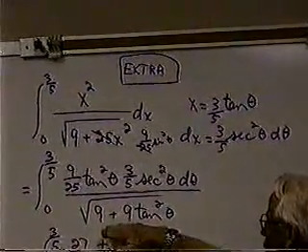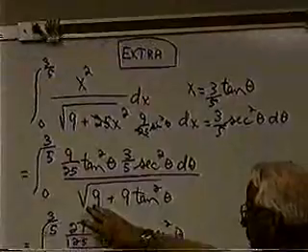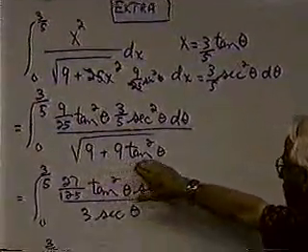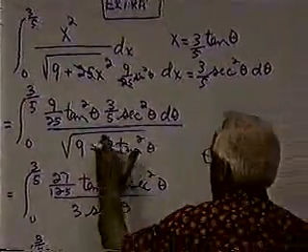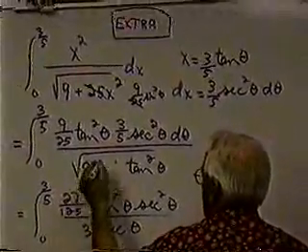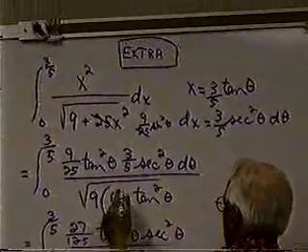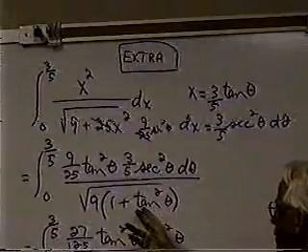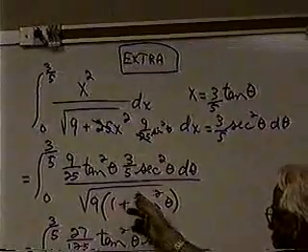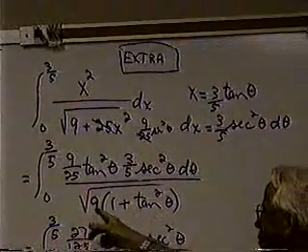Now we do what we've been doing: factor the 9 out, square root of 9 is 3, 1 plus tangent squared, in other words, we factor the 9 out, and this is secant squared. The square root of secant squared is secant, and the square root of 9 is 3.